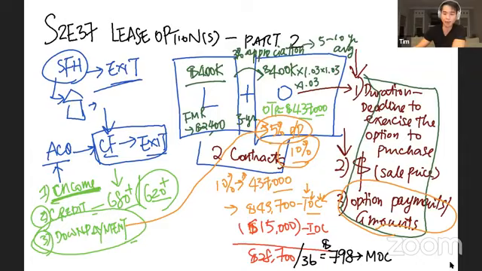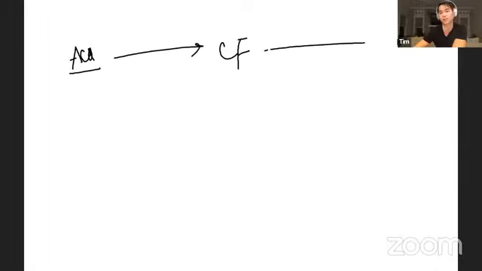So what's going to happen is, I'm going to do it this way. In the acquisition side of things, we're going to have the cash flow side of things, and ultimately, we also have the exit. So from an exit standpoint, we have 437,000.